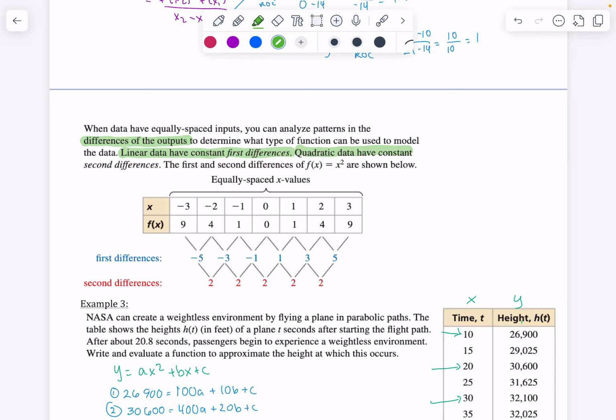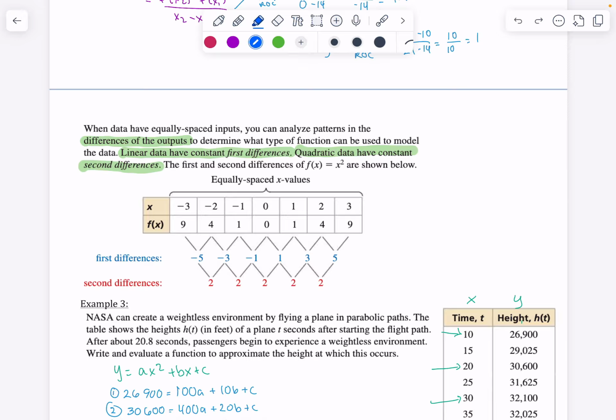And quadratic data have constant second differences, meaning after I subtract consecutive y values the first time around, I'm going to get different y values, but then when I continue and do it for a second time, I'll get the same value then. So there's this pattern that appears.